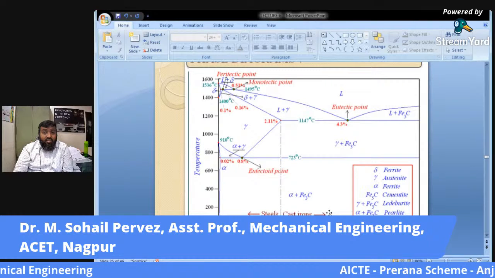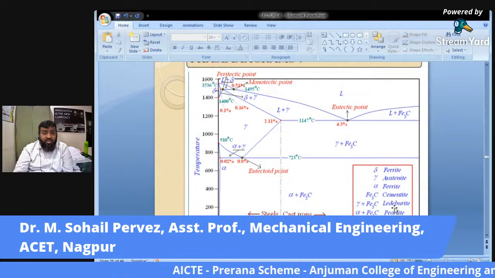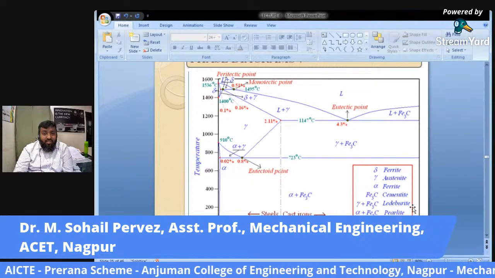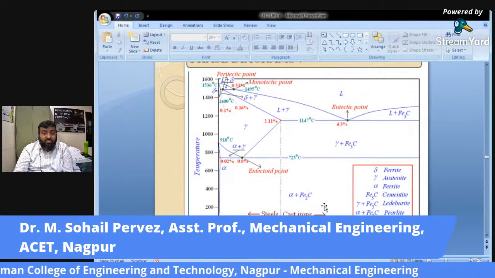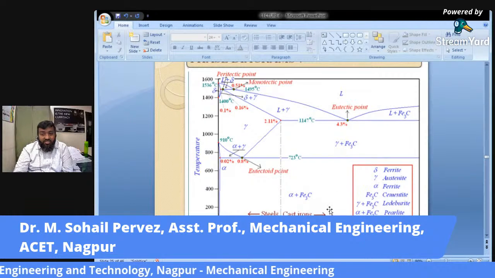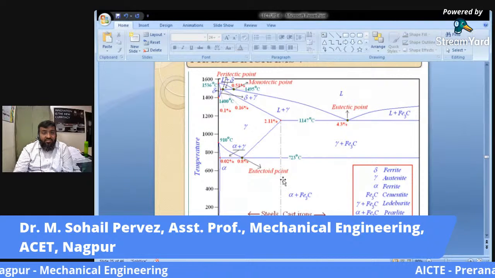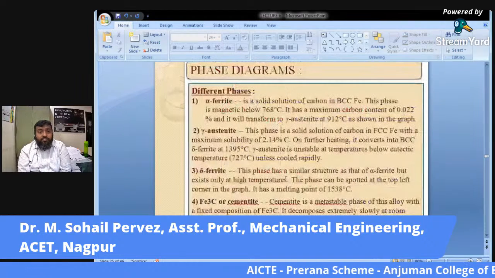Now, if you concentrate on this region, it is called ledeburite. If you concentrate on this region, this is pearlite, the hardest region, pearlitic. So these are the different phases and regions on the iron carbon diagram.